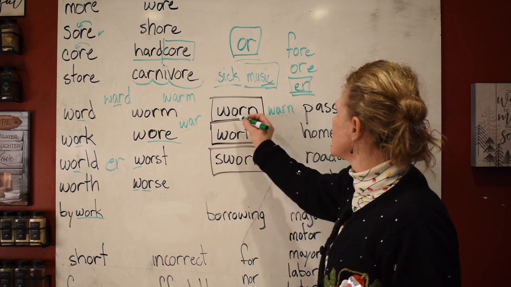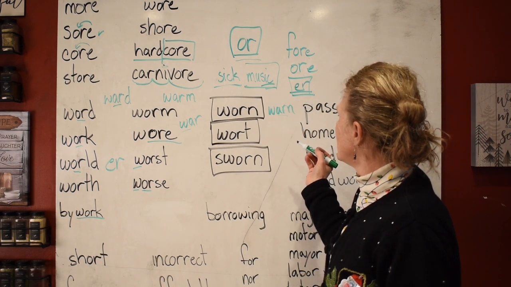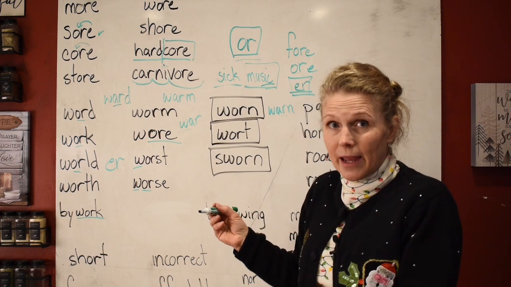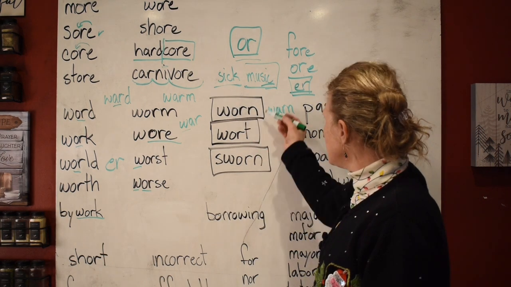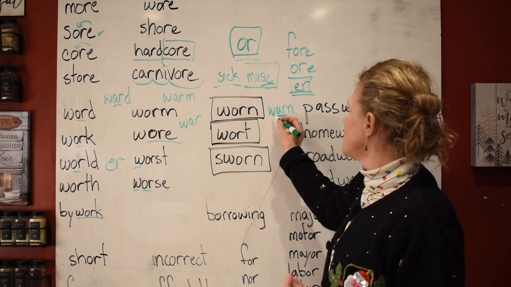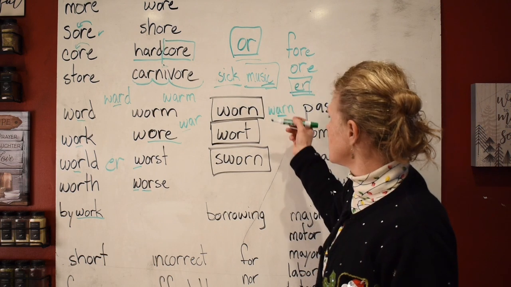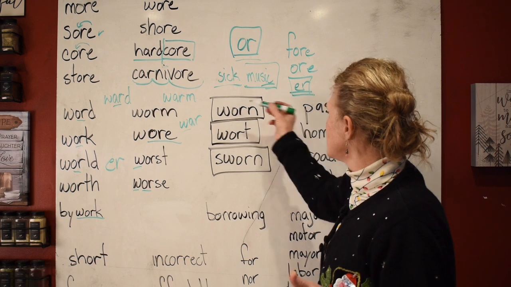We have two different words that say worn, and they mean two different things. AR is saying the OR, what the W would say in OR. So this is worn, and this says worn. AR is actually following the rule with the WAR in this word, and we're not following the rule with this one. Does that make sense, Paul? These are two totally different words.